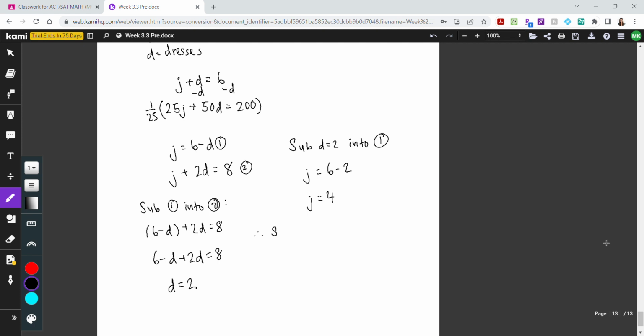Therefore, she can buy 4 pairs of jeans and 2 dresses. All right, and this is how you would answer systems of equations word problems.